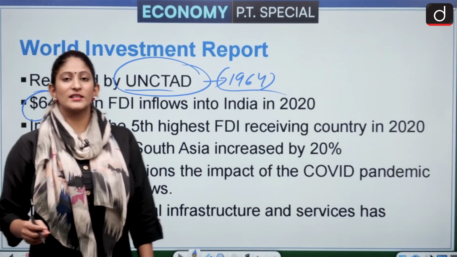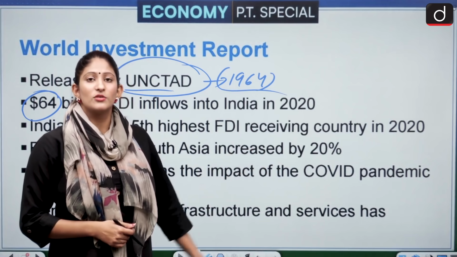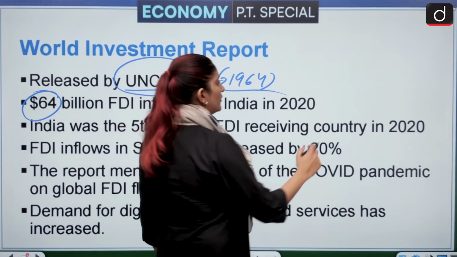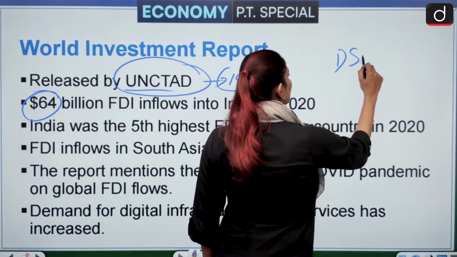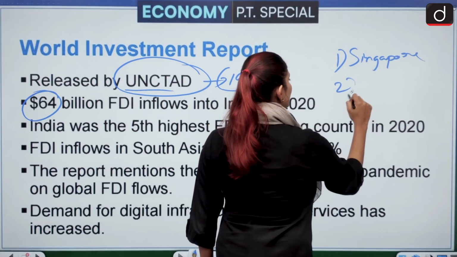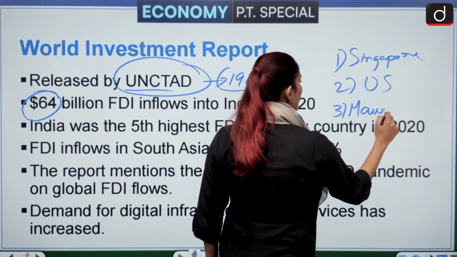India has attracted a lot of FDI in its own domestic premises. The top 3 countries to invest in India are Singapore first, the US second, and the third is Mauritius. Okay.